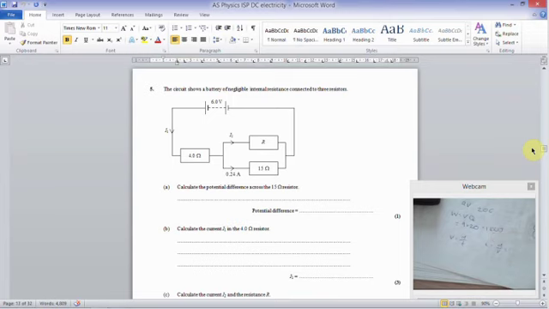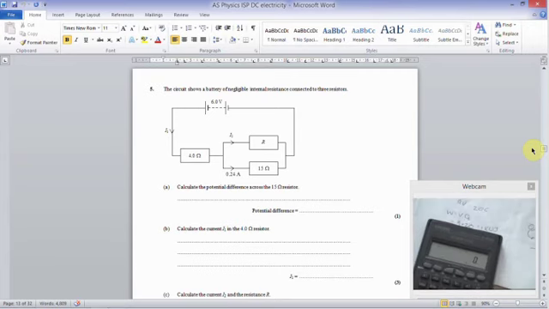Okay, so we've got a series circuit with, sorry, a parallel circuit with 2 resistors in parallel, but if we combine them, we can make this into a series circuit. Calculate the potential difference across the 15 ohm resistor. Nice, straightforward. Remember, potential difference is equal to current times resistance. There's no internal resistance in this, so we don't take that into account.